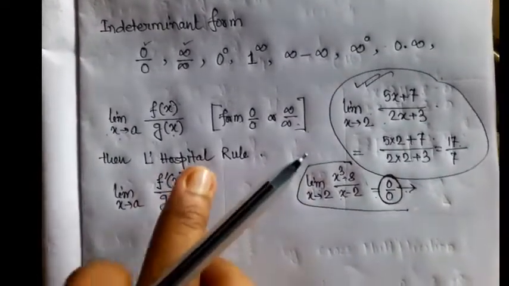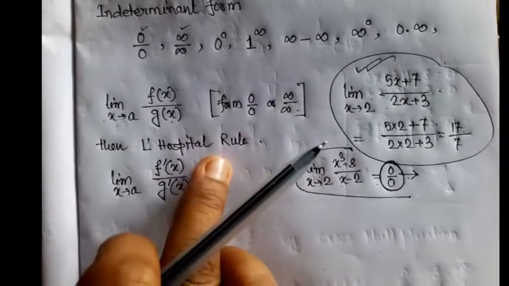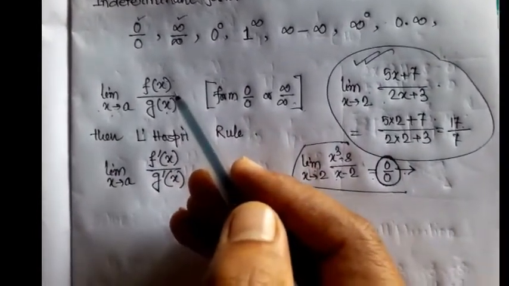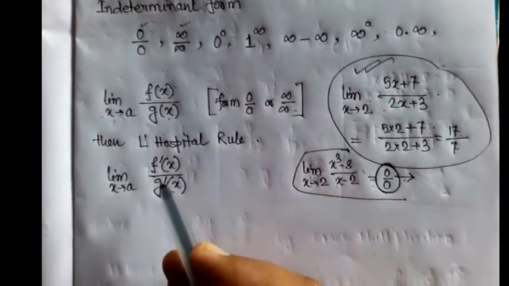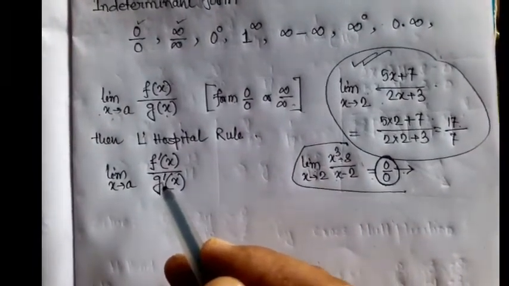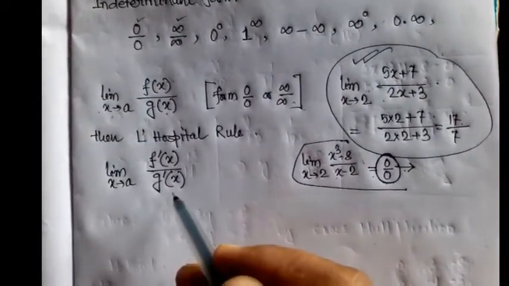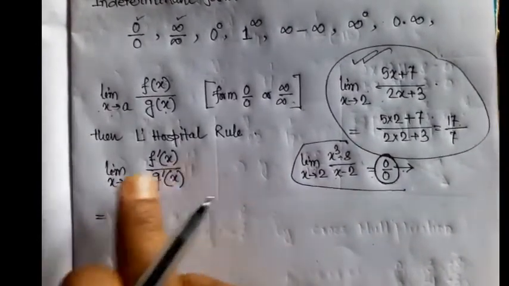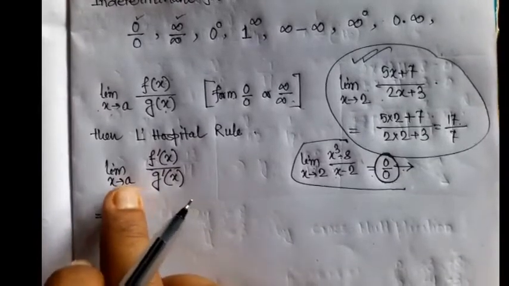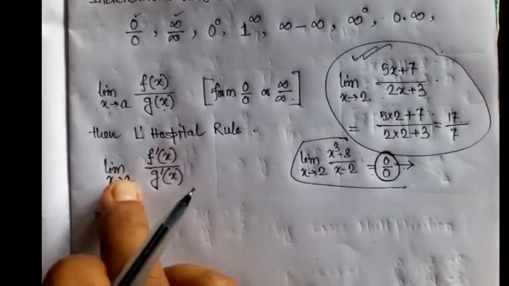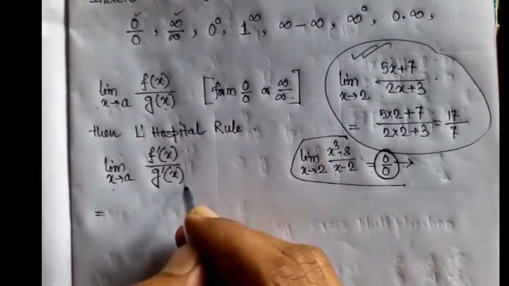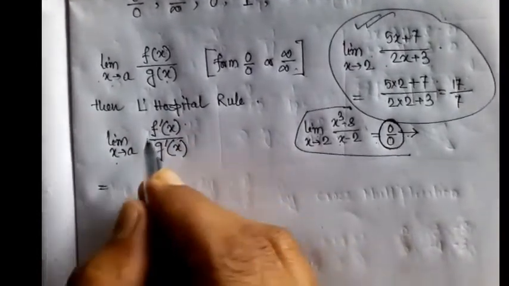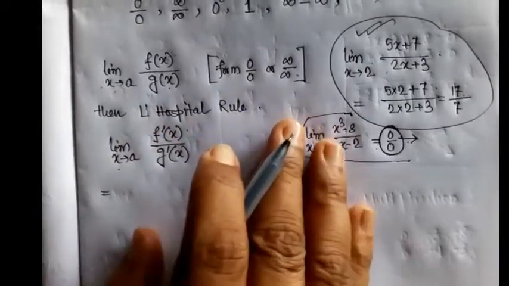That means the main gist of the L'Hospital rule is, if you have an indeterminate form, then you have to consider the derivative of the numerator and the derivative of the denominator. After that, again your target will be to put x equals a in the numerator and in the denominator. If you get a suitable value, then the problem is done.